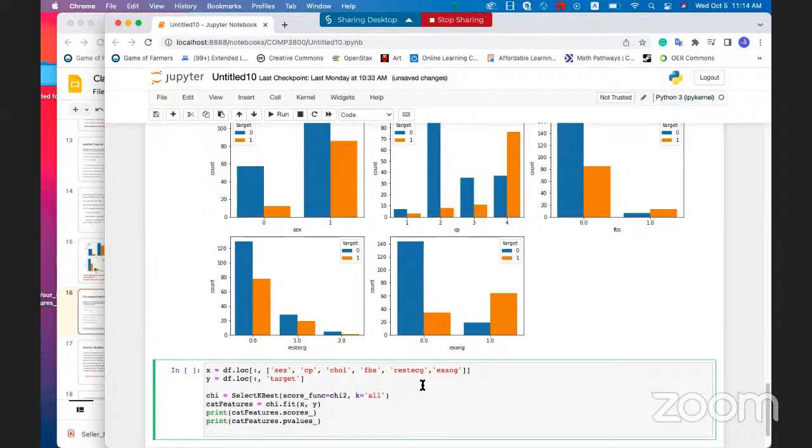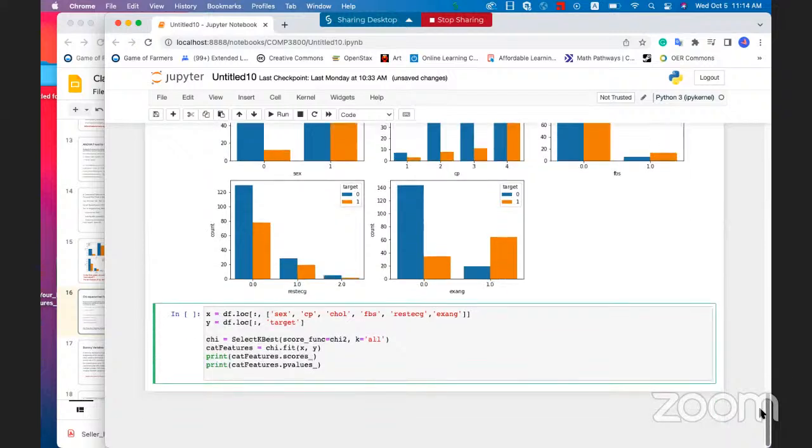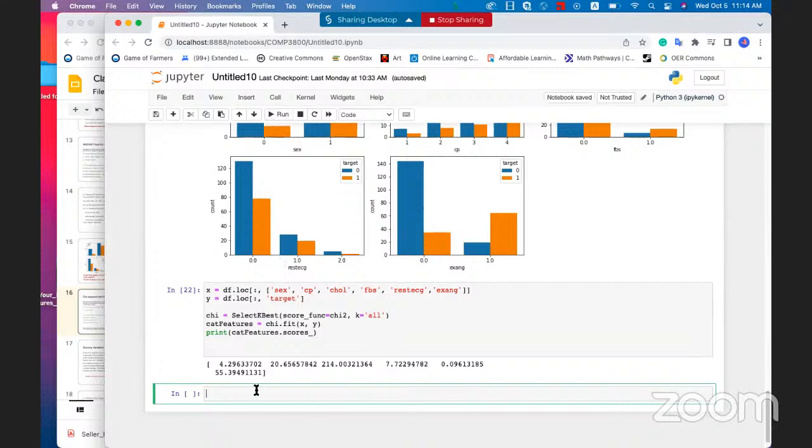That gives you a chi-squared score, and it gives you a p-value.